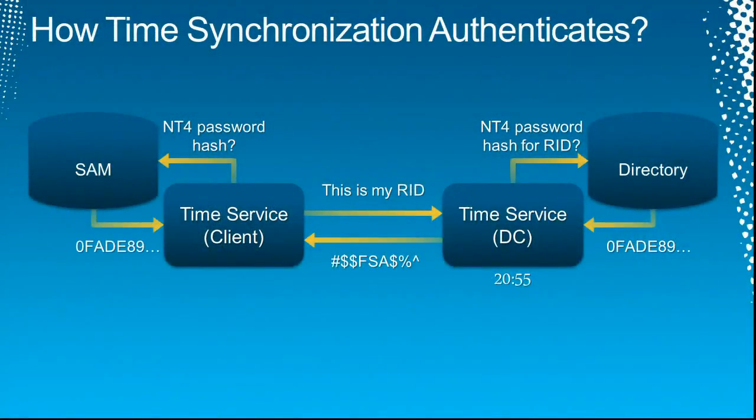The client knows its password as well, and rather than SAM I should have said the local LSA, so the client will be able to decrypt this digest and get the timestamp. That is how you know that you are getting a timestamp from a valid domain controller, and there's no rogue time server returning invalid timestamps.